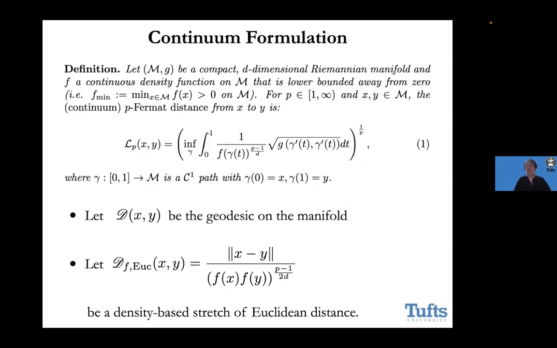In particular, let's assume I have a probability density on the manifold. Why not just talk about the paths with respect to that density? Instead of doing L2 distances between points and weighting them in a particular way, I use the Riemannian structure to think about how much paths are going to cost. So we can define a continuum limit analog of this Fermat distance that is basically saying, okay, basically do a geodesic on the manifold.